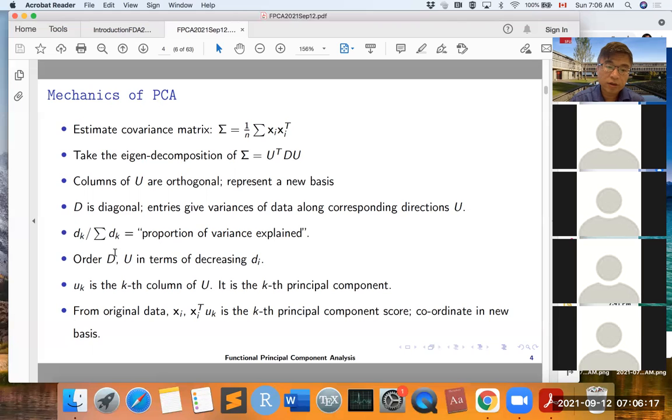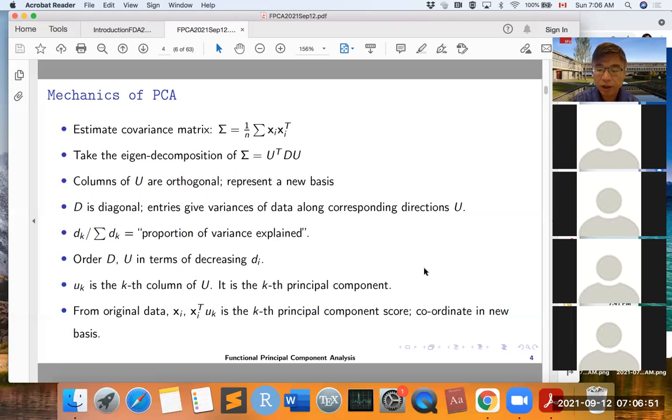We order the eigenvalues, and then the k-th column of u will be called the k-th principal component. Then we do the projection of xi on uk, the inner product of xi transpose times uk, as the k-th principal component score.